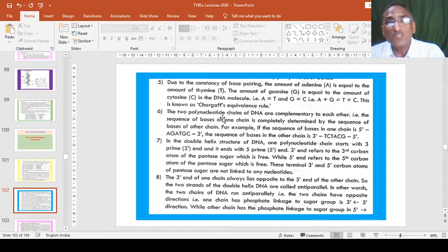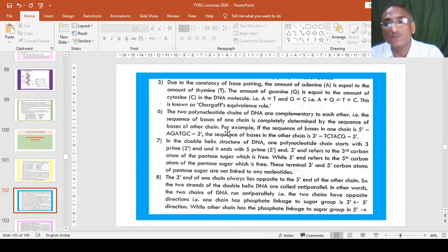The two polynucleotide chains of DNA are complementary to each other. That is, the sequence of bases of one chain is completely determined by the sequence of bases of the other chain.